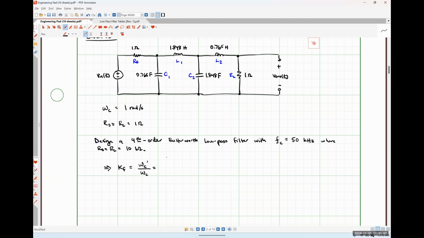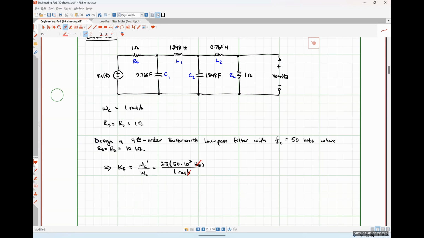So that's going to be 2 pi times 50 kilohertz, so that's 50 times 10 to the 3 hertz, all over 1 radian per second. Just for what it's worth, a hertz is a unit of per second. So hertz cancels this per second down here.